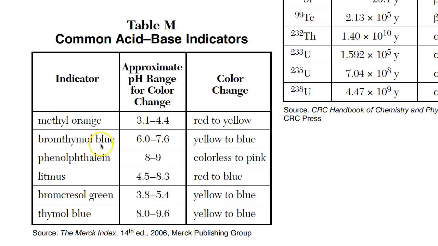Just like bromthymol blue, at a pH of 2, anything 6 or lower would be yellow. Or litmus would be red at a pH of 2, because anything 4.5 and lower is red. So that's how you use Table M. Anything 4.4 or greater is yellow for methyl orange, and anything greater than 7.6 is blue for bromthymol blue. In this case, it's going to be red.